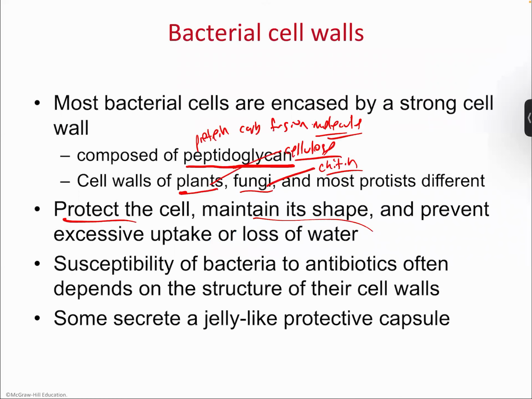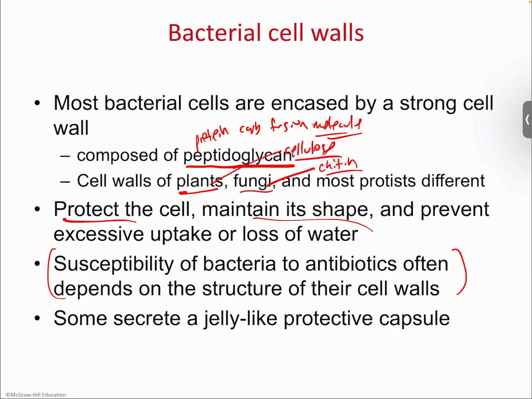Basically, because you've got cell walls, you can fill up with water and not blow up. That protects you against taking on water. This is also the target of our antibiotics. Because the cell wall is so unusual, it's not like any eukaryote, we actually use antibiotics to go after these cell walls, and different components of the cell walls will be susceptible to different types of antibiotics.